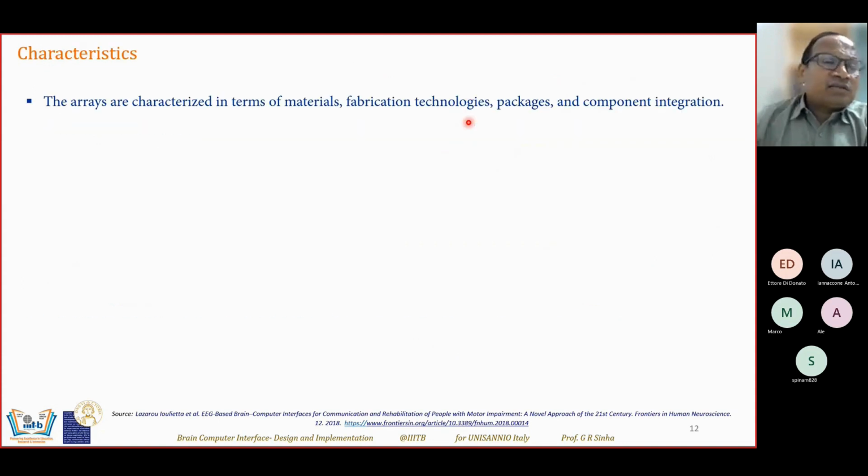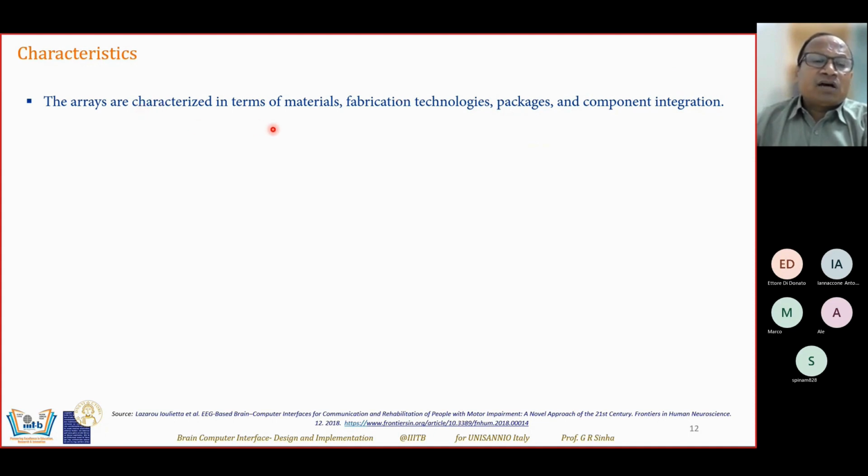So what are the characteristics of those arrays? The arrays are generally characterized in terms of the materials with which they are fabricated, the technologies of fabrication, the packaging methods, and how all the components of the arrays are integrated together.